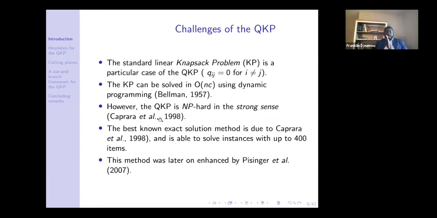So in terms of challenge, we know that the linear knapsack problem in the literature is said to be NP hard. But in 1957, there was a dynamic programming algorithm which could solve this NP hard problem to optimality using pseudo-linear time.